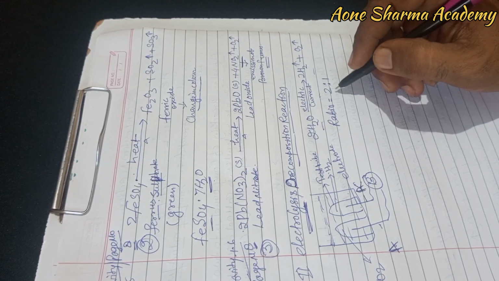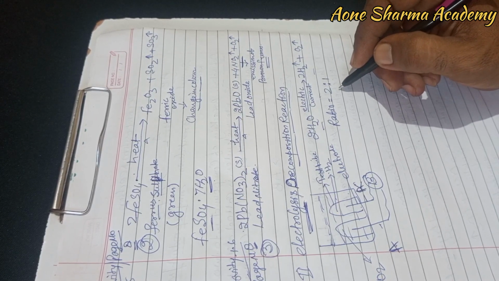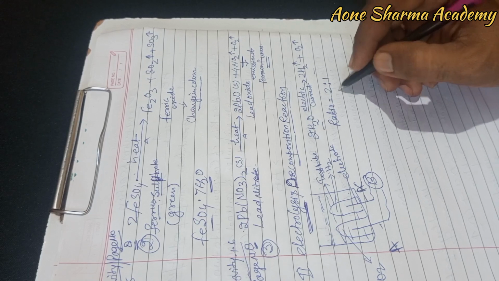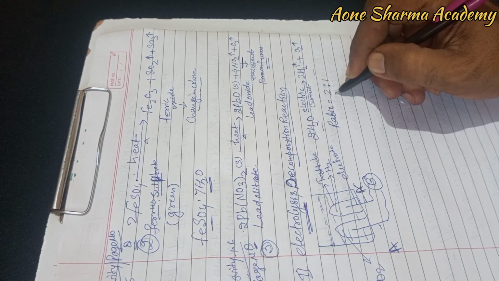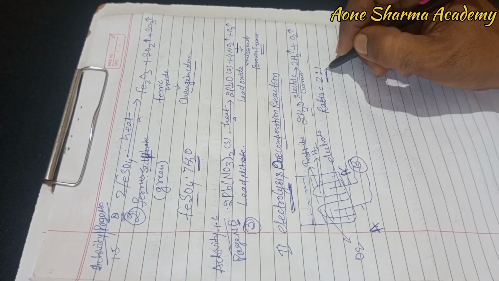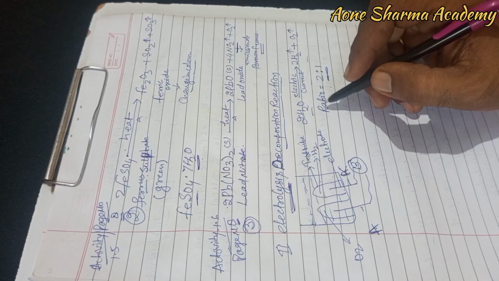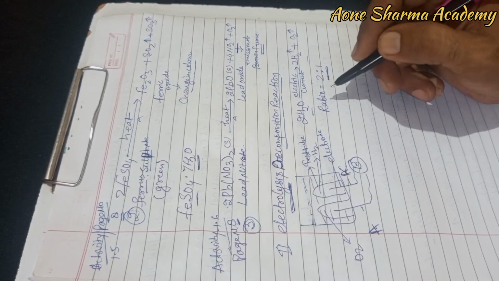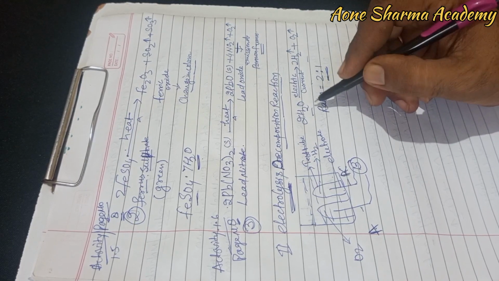So hydrogen gas is always found in double quantity. So this is the best example of the electrolysis decomposition reaction, the electrolysis of water.